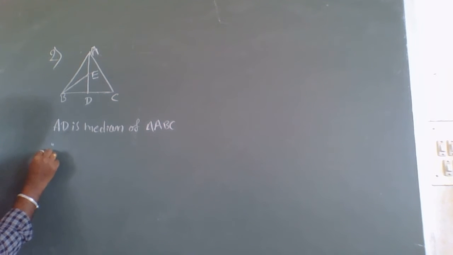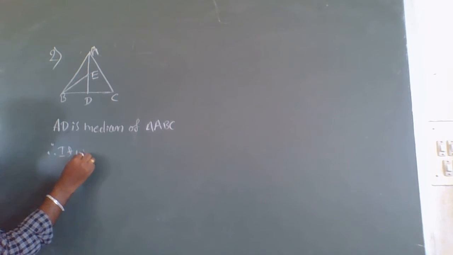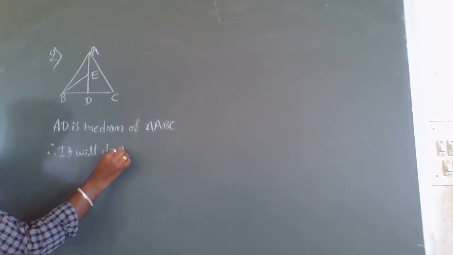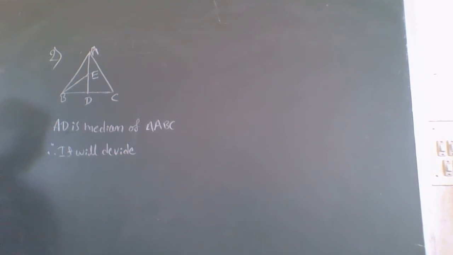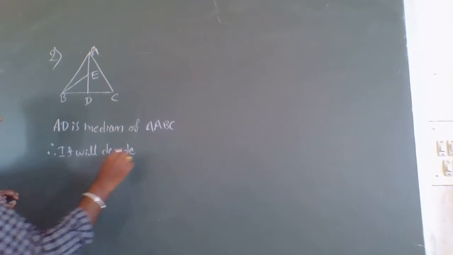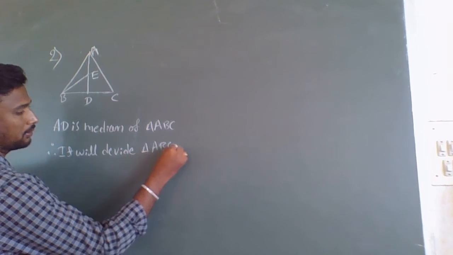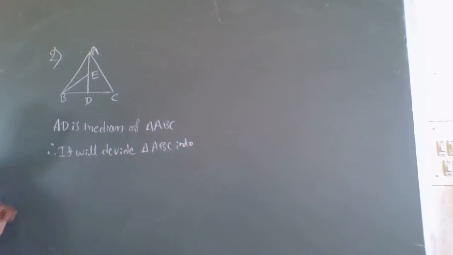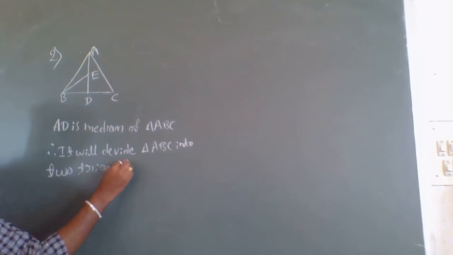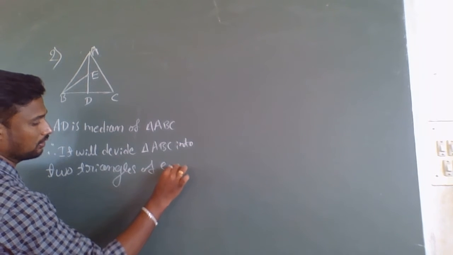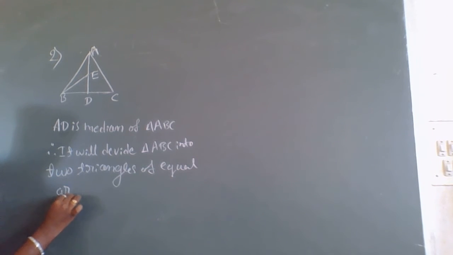So now we can write that therefore it will divide triangle ABC into two triangles of equal area.